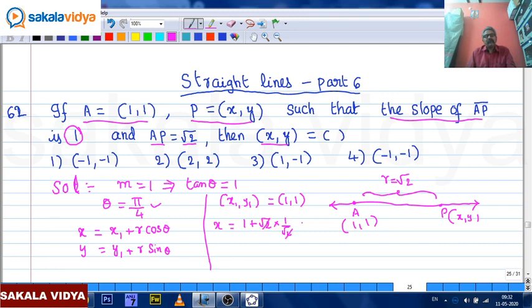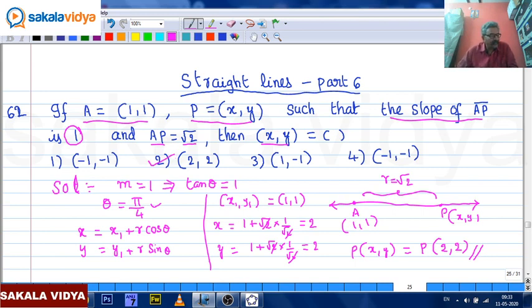Root 2 cancels, so x is 2. Similarly y is equal to 1 plus root 2 times sin 45, which is also 1 by root 2. Root 2 cancels, 1 plus 1 is 2. Therefore P of x comma y is P of 2 comma 2. So the answer is the second option.